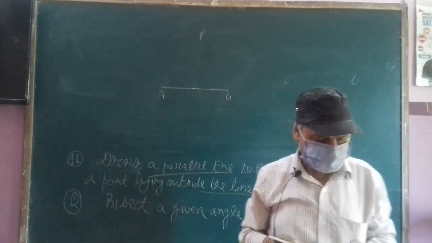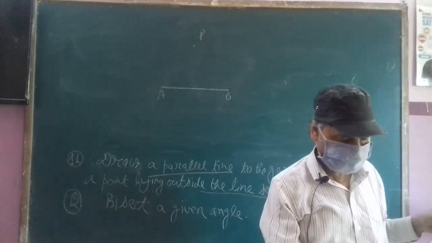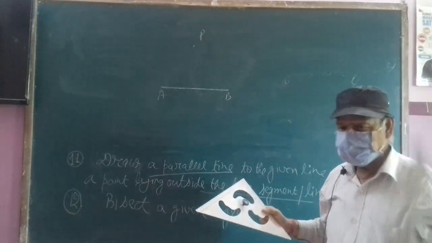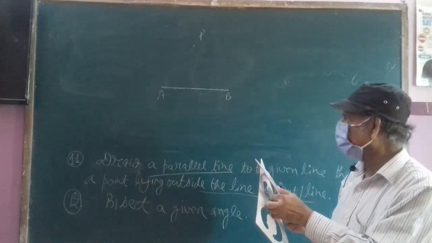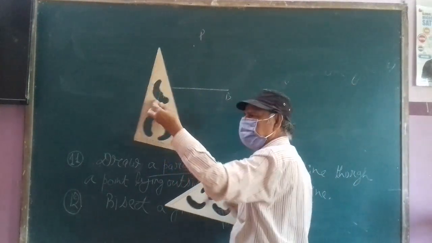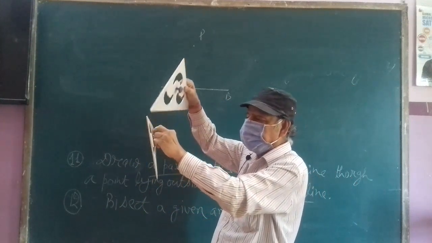You did it previously with the help of compass. Now look at it very carefully. How can you do it? You have to take these two set squares. See the longer end. This is 90 degree.